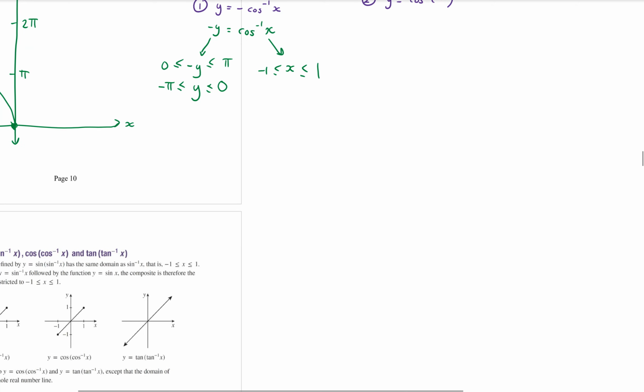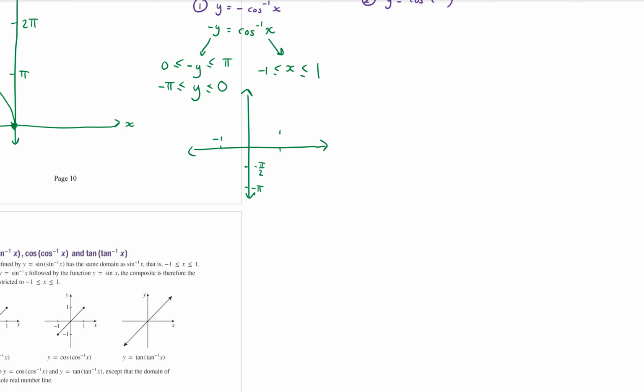So the graph for that, to draw it nice and quickly, okay, so I've got my domain between -1 and +1, and my range is between 0 and minus pi. So if minus pi is down here, give myself a halfway point, minus pi over 2. Now, this actually means that my first point is actually -1, minus pi.